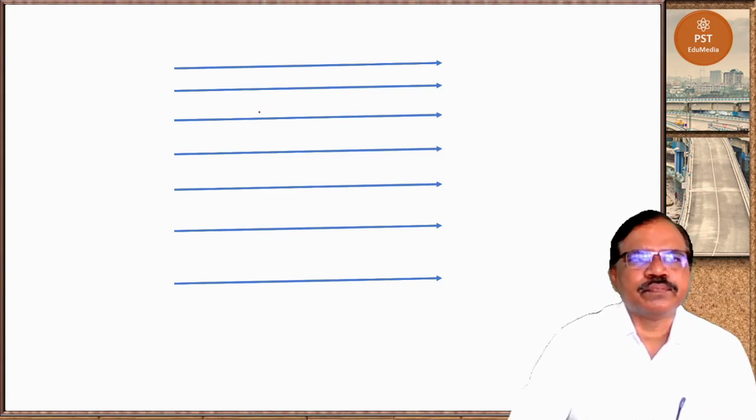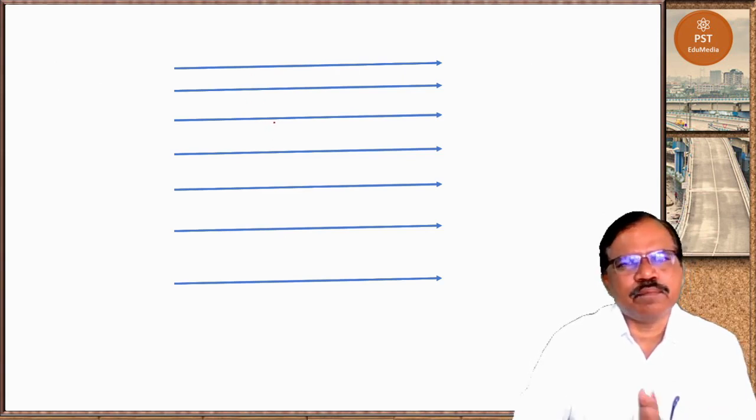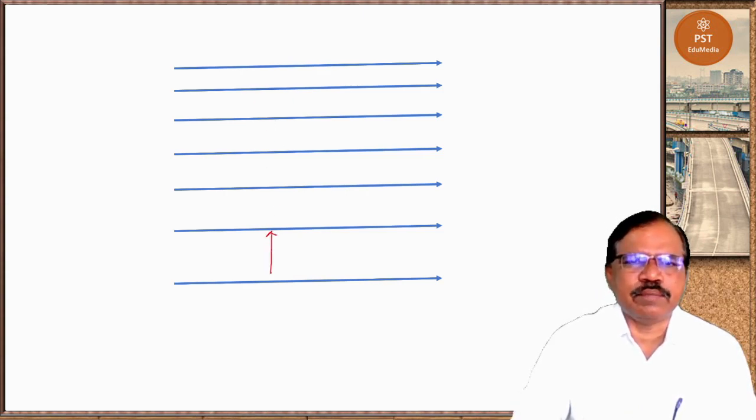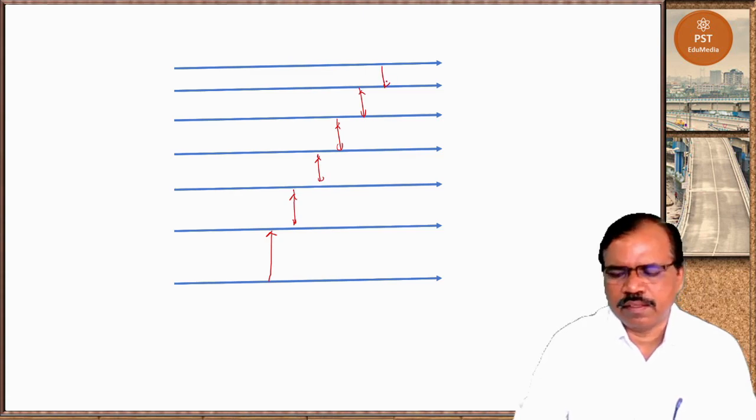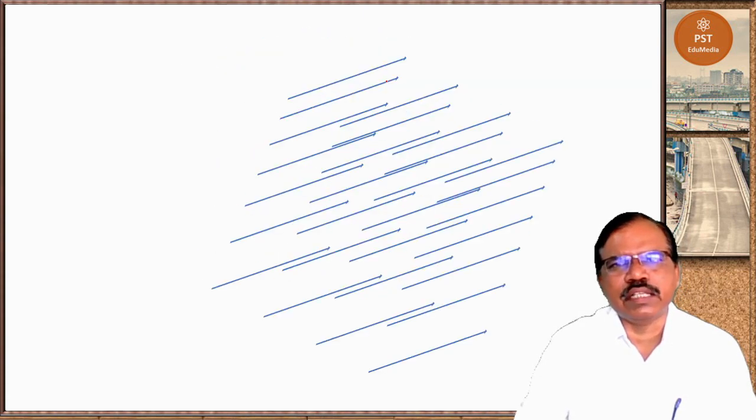So here, for the vector field, I have taken parallel lines. Though the vector field lines are parallel, their separation is not the same. So it is a non-uniform field. So we can see a three-dimensional view of this vector field.